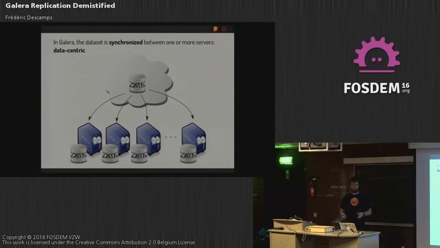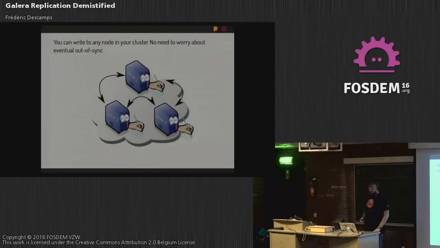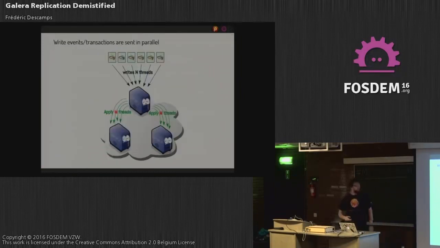So don't try to set up filters like, oh, I don't want to replicate this table or this database. Don't play with that, it won't work. You have data everywhere and you see it as one data set. You don't care if they are out of sync or not, Galera worries about it for you, and you can write everywhere, normally, depending on your workload, but it works.